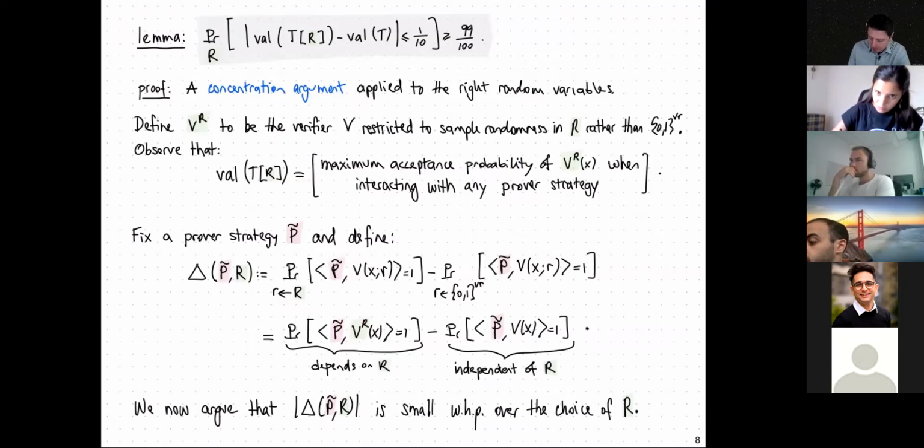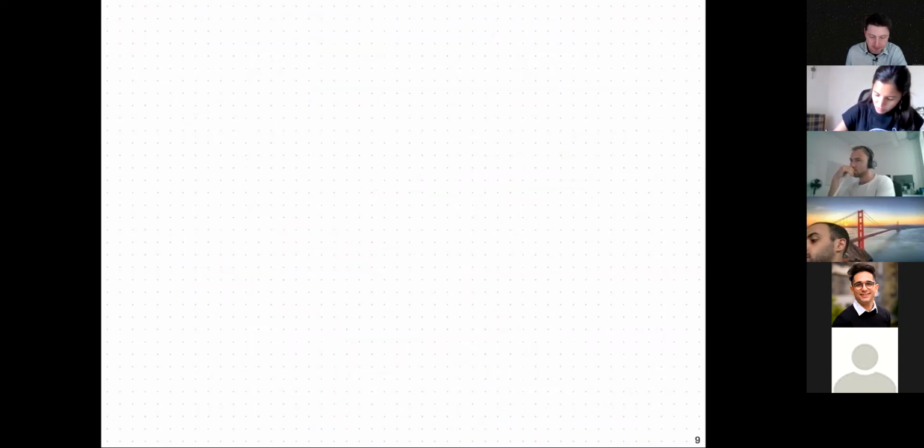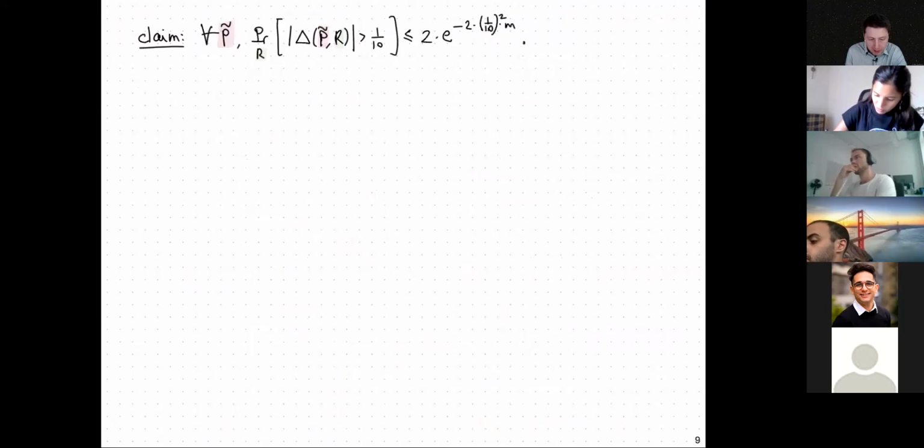Good question, Amit. Great. So let's argue first that this difference is small with high probability over the choice of R for any choice of P tilde. We're going to argue that for any choice of malicious prover, with small probability over the choice of R, P tilde can perform very differently between the two games.